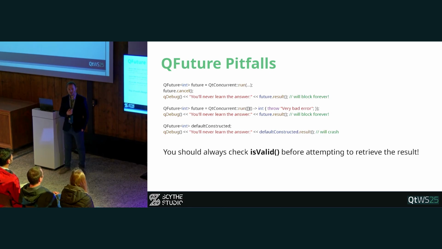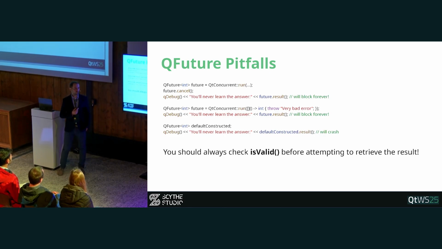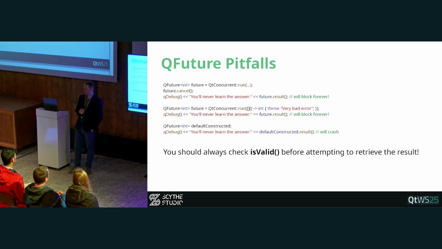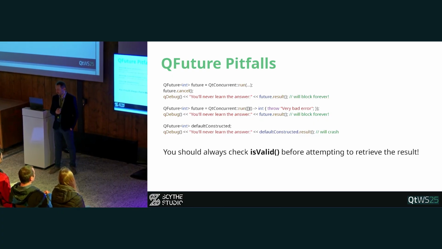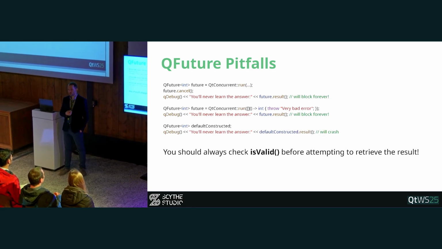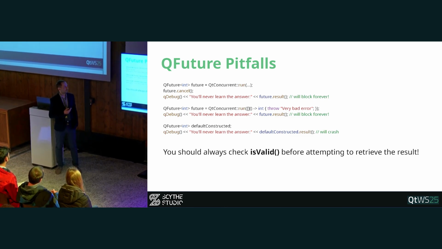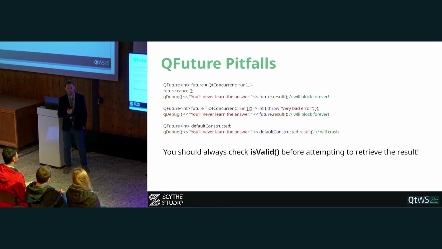It is only safe to call it if the isValid method returns true. Examples of when this method will cause trouble are if a future is cancelled, or a future returned an error, or you have a future that hasn't started yet. Then this method will either block or crash.